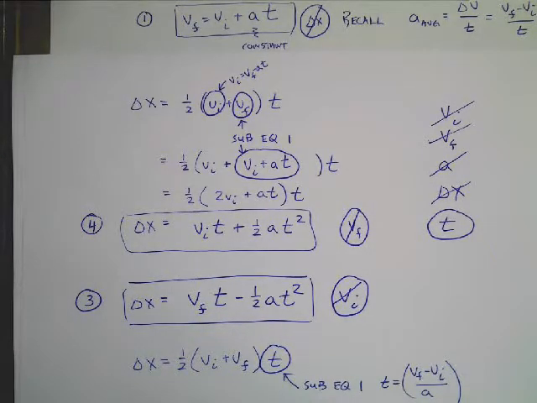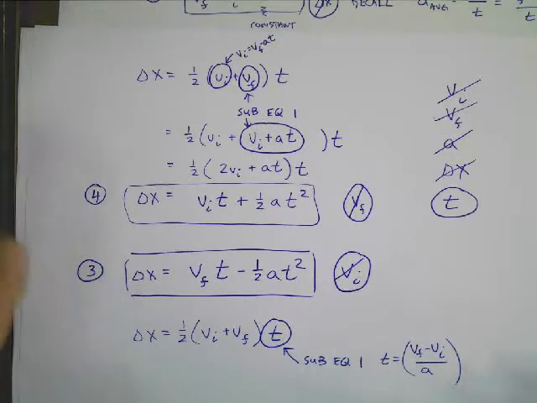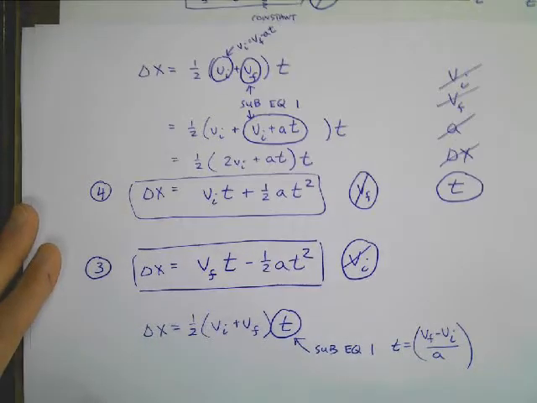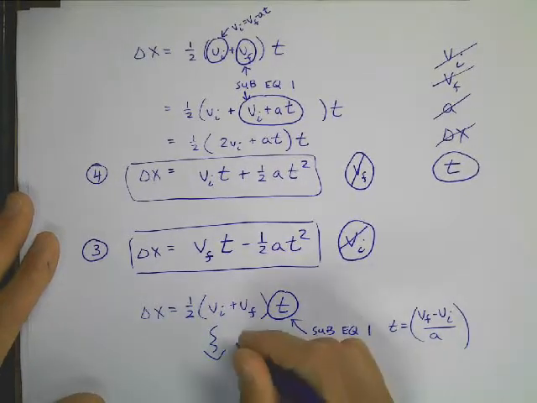This would be a good little algebra exercise for you, because if you take 1/2 times v initial plus v final times that, you're going to have to use the FOIL method. You're going to end up with 4 terms. There's a plus here, there's a minus here, so there's a little bit of algebra to be careful about. I think you should do this. So I'm going to put a squiggle here, which means student does work.